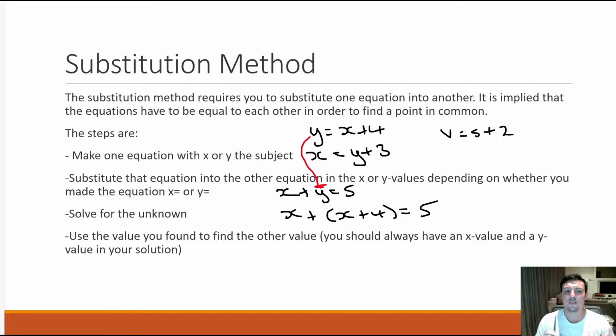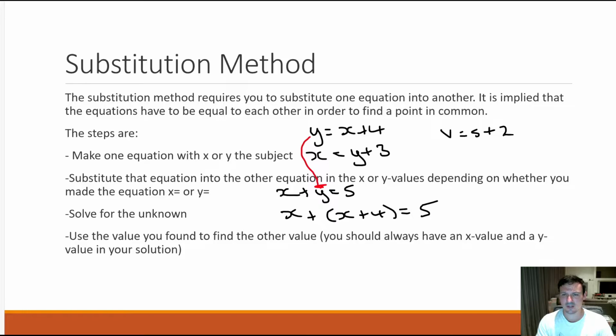The point of this obviously is to solve for the unknown. As we mentioned earlier, we can have multiple values or multiple solutions from two variables with one equation. When we substitute, we create a situation where we've only got one variable in one equation, which means we can actually solve it. Once we've solved for that unknown, we use the other value to find the other one.